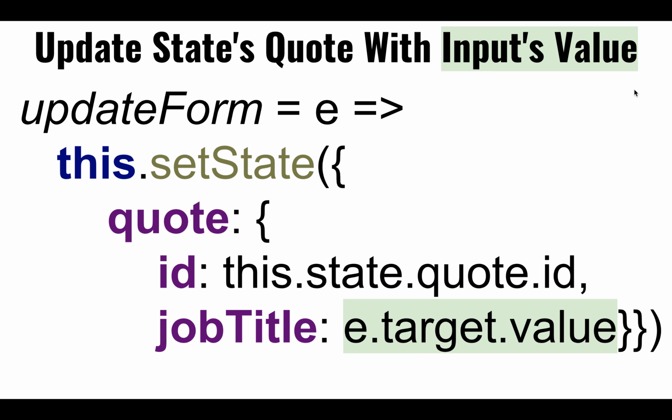Also, if this quote was a quote that we were editing, that means that it'll have an ID. Okay. If it's a brand new quote, then the ID will be undefined. But if this is from a previous quote that we're editing because we selected it, there will be an ID. So here we just copy it, even if it's undefined at first, right?